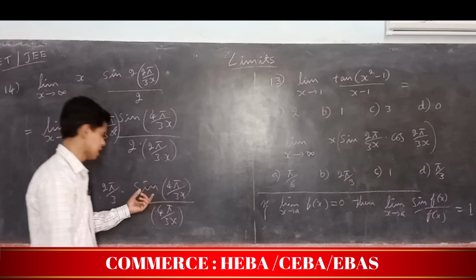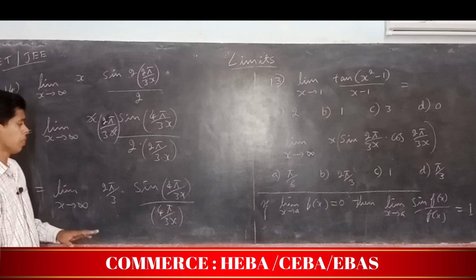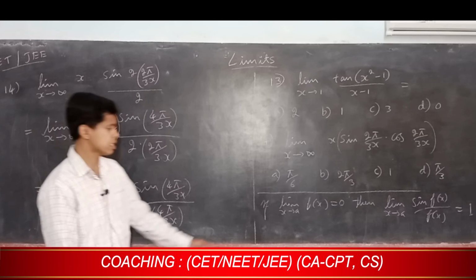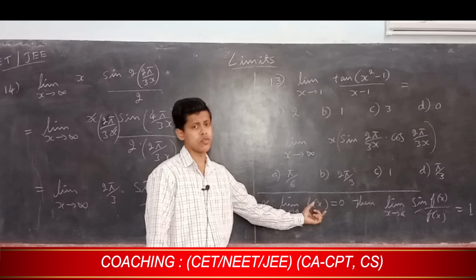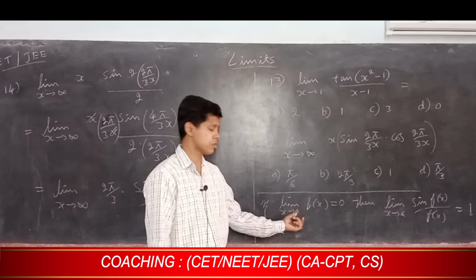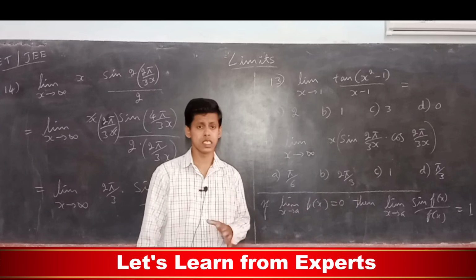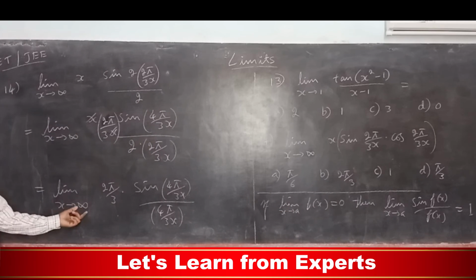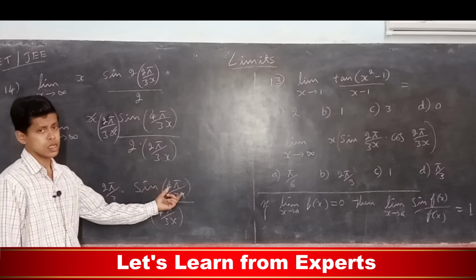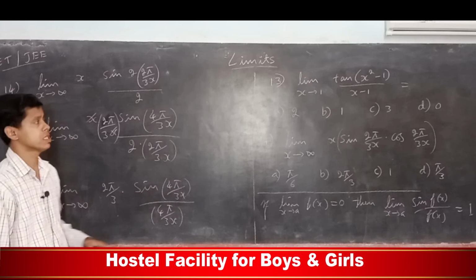Yes, you got that, sine f of x by f of x. Now what's remaining is you have to check whether limit of that f of x as x becomes a is 0 or not. So what is a, by the way? A is infinity. And what is f of x? 4 pi by 3x.